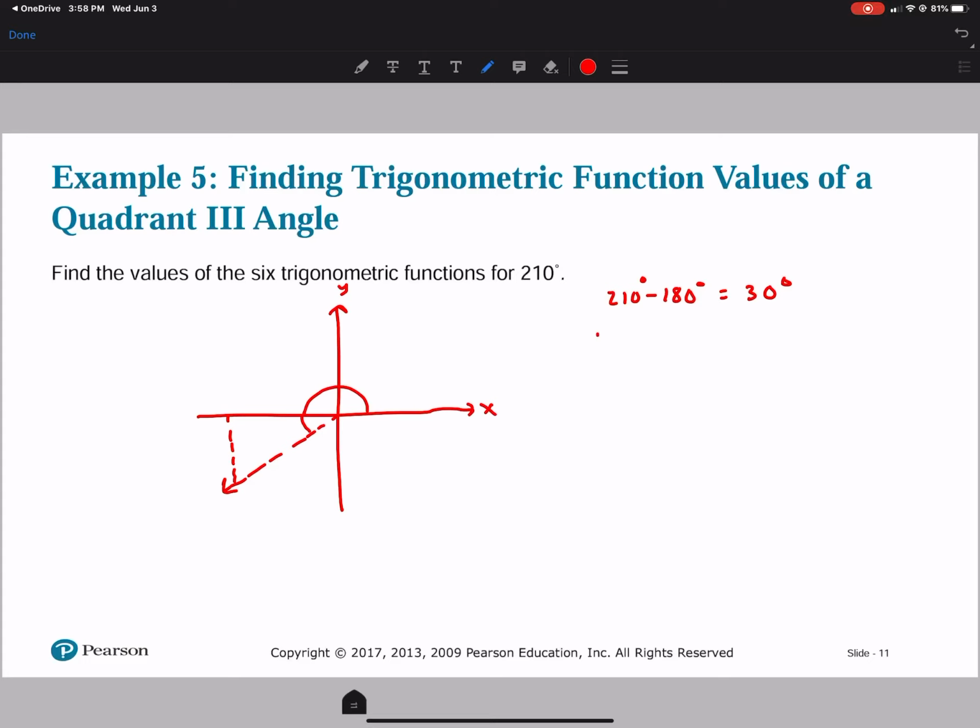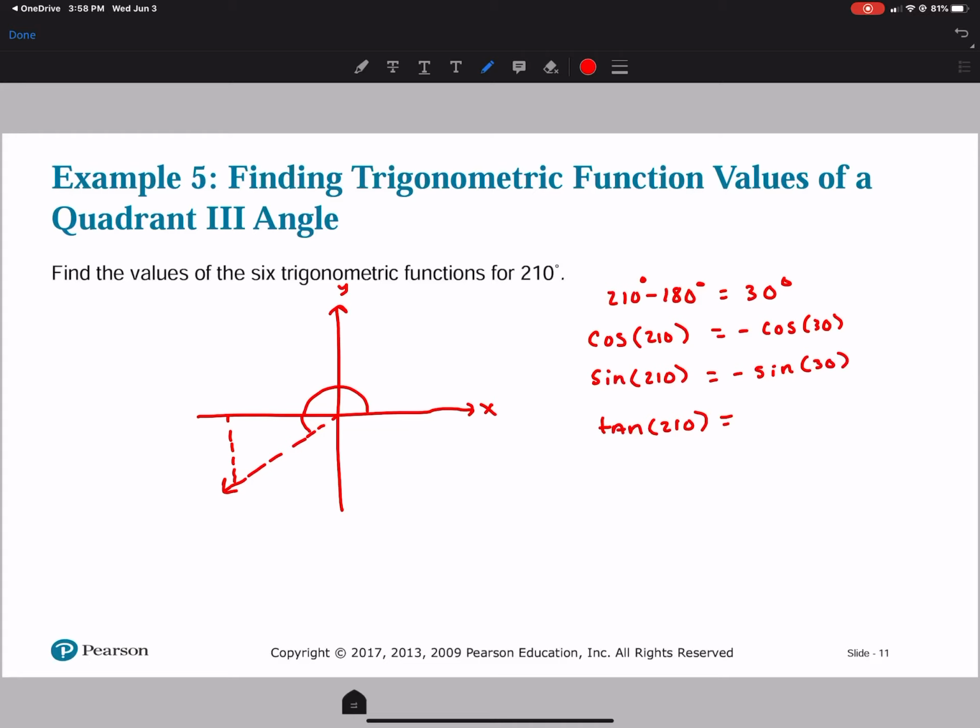So, the cosine of 210, the sine of 210, and let's see, we got the tangent of 210. All right. Which this is equal to negative cosine of 30. And this is equal to negative sine of 30. All right. And this is positive.